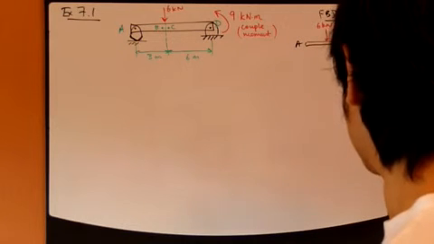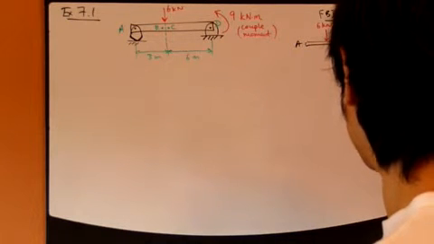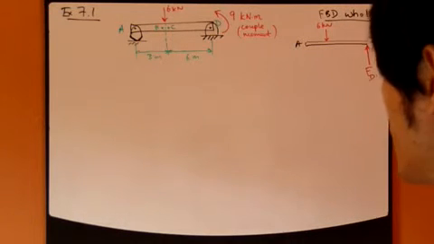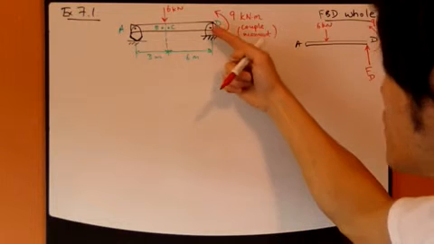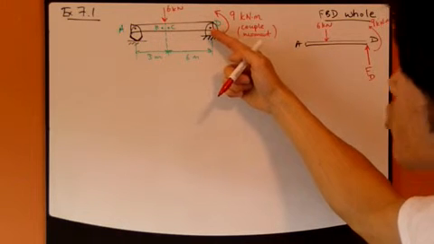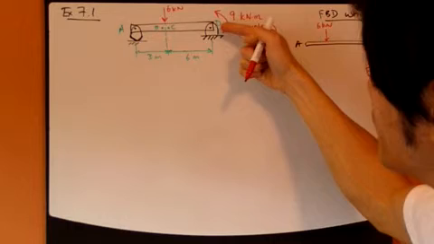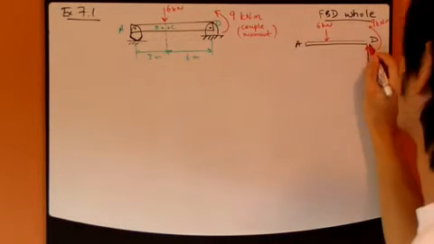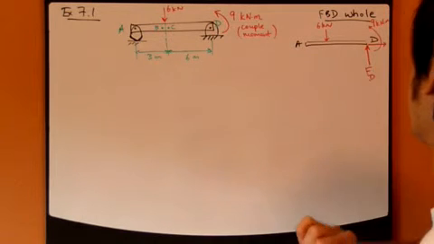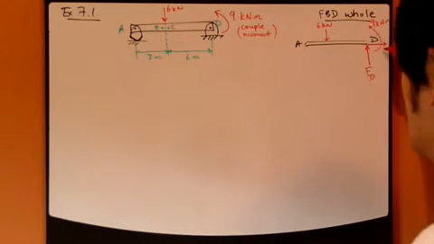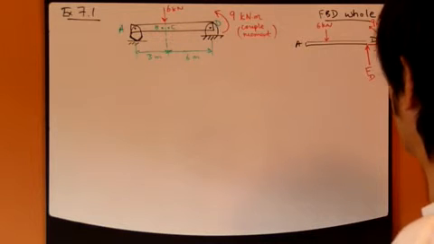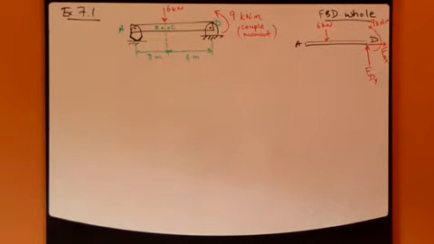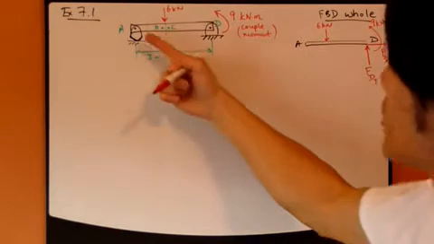Let's call this reaction force FD. Since this kind of connection resists any potential movement of this point D vertically as well as horizontally, you should have a horizontal reaction force as well. So let's call this FDY, FDX.